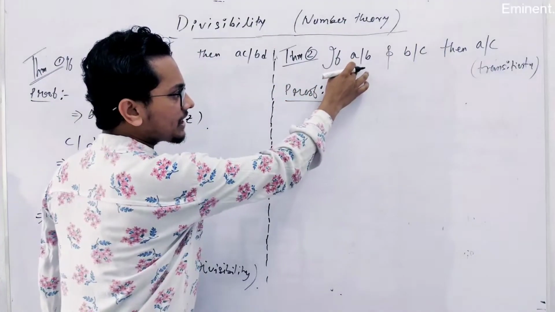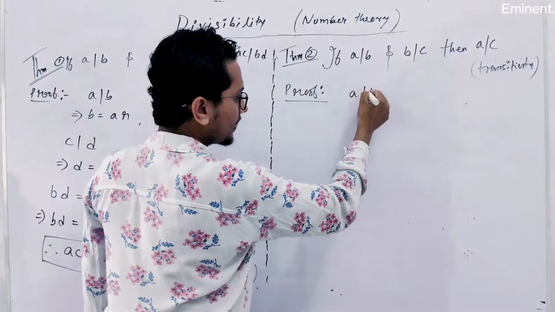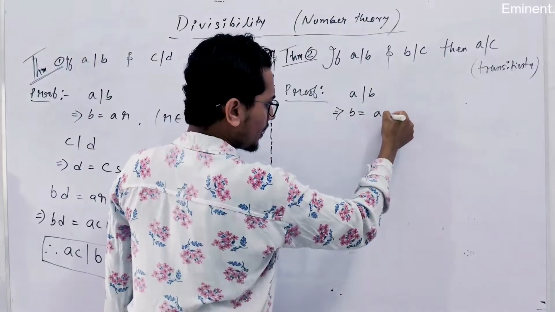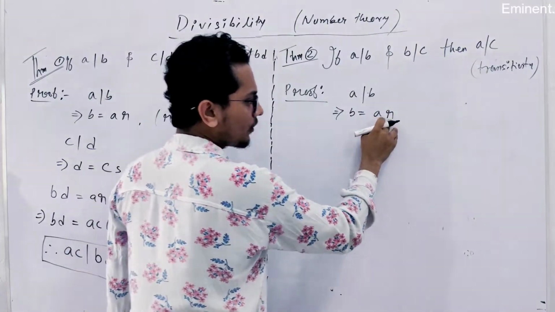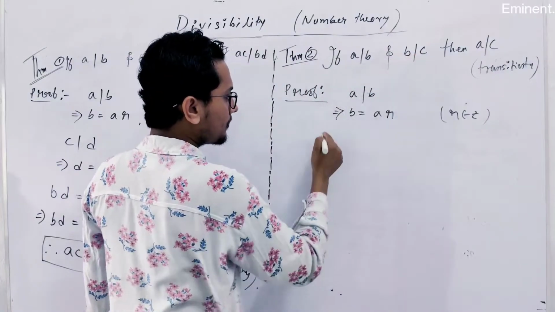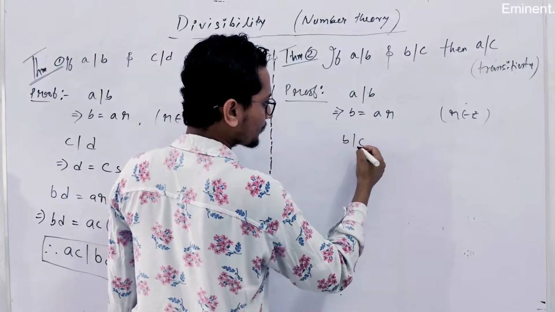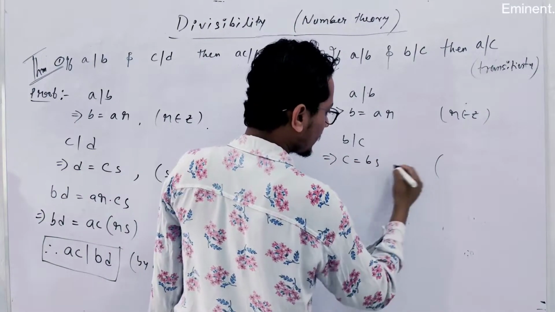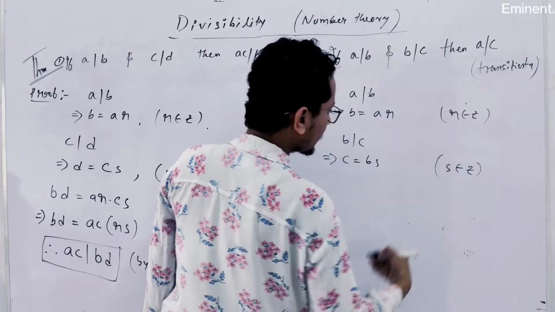It is given that A divides B, then you can write B equals AR, there exists another integer R. R is an integer, and again B divides C, so you can write C equals BS, where S is another integer.